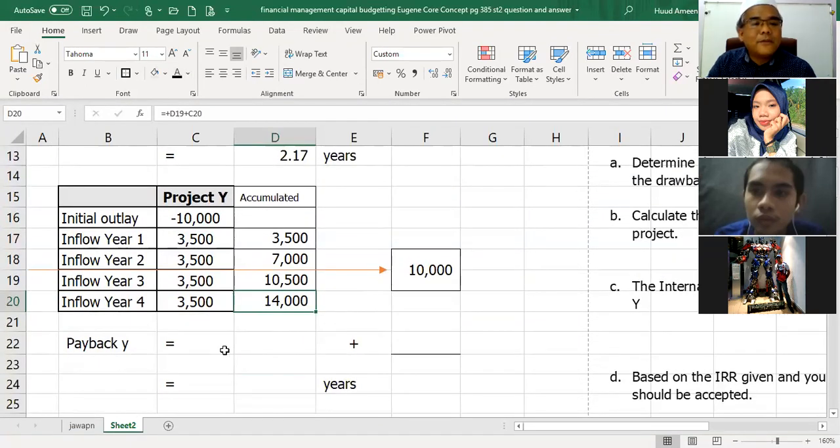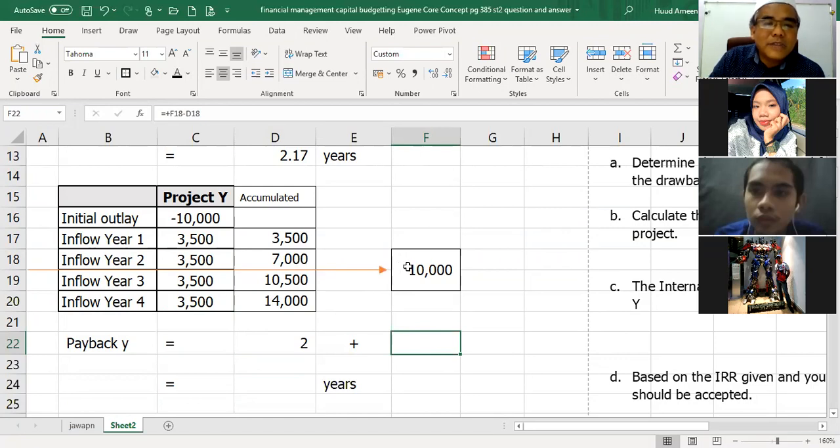So the payback is it starts at year 2 plus the difference. What you need from 7,000 to 10,000? How much do you need to get 7,000? First one, you can calculate 3,500 in year 2 up to 7,000. You need some more.